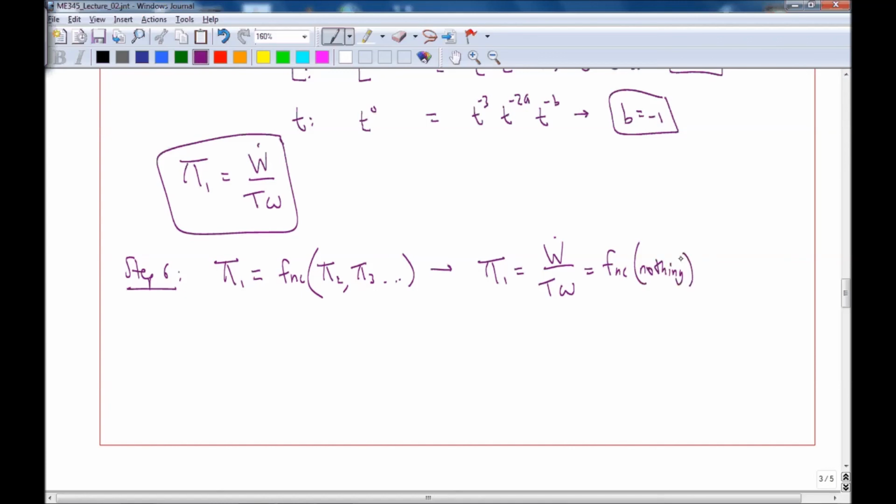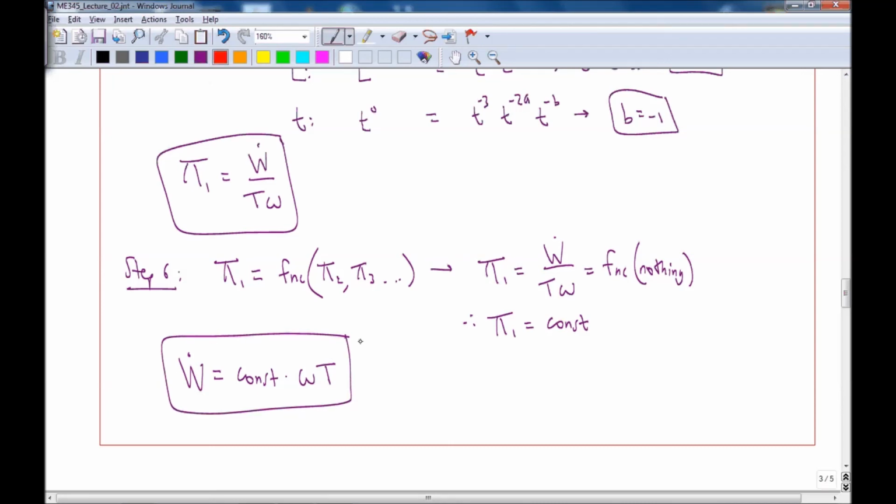Since there's no other pi's, there's only one pi in this problem. Therefore, the only way that can be true is if pi 1 is a constant. And so our final answer is that W dot is a constant times omega T. That's the answer we get from dimensional analysis.